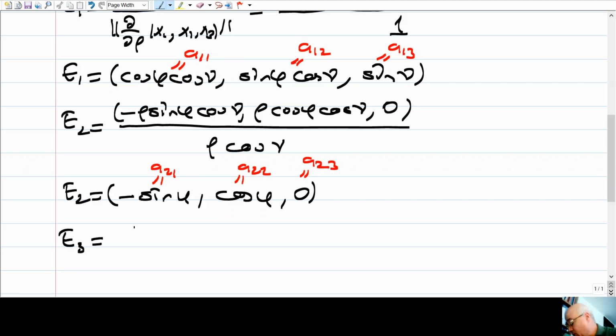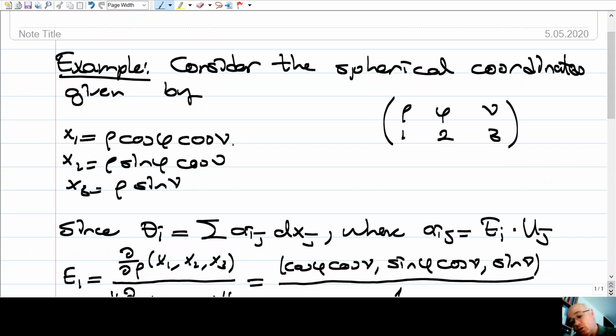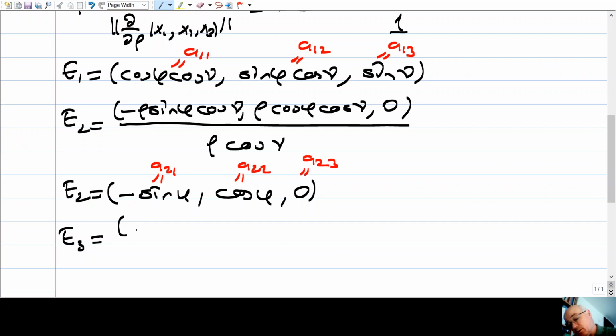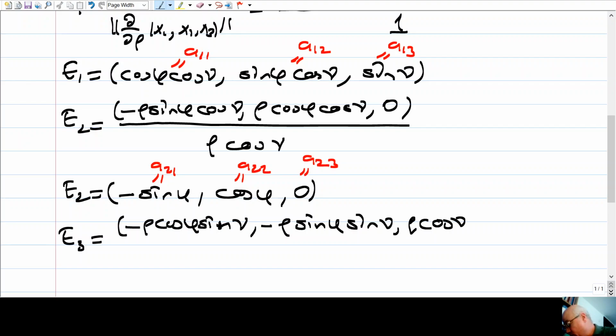Similarly the third vector will be what? I just take the derivative with respect to the third coordinate nu. So this will give me minus rho cosine phi sine nu, minus rho sine phi sine nu, and then rho cosine nu, and then I have the norm of this.